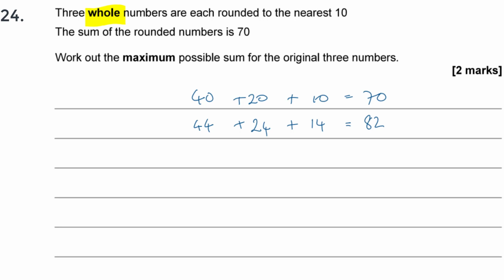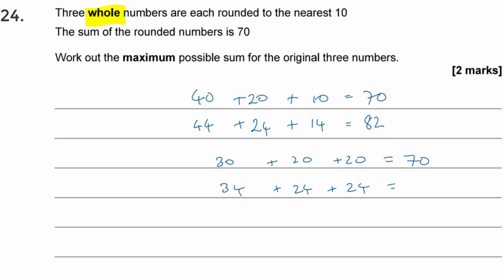So let's just have another look at a different one. So perhaps instead of having numbers that rounded to 40, 20 and 10, we had a number that rounded to 30 and then two numbers that rounded to 20. Does that change anything? So that adds up to 70 again. So the largest number that rounds to 30 is going to be 34. The largest number that rounds to 20 is going to be 24, and the largest number that rounds to 20 is going to be 24.